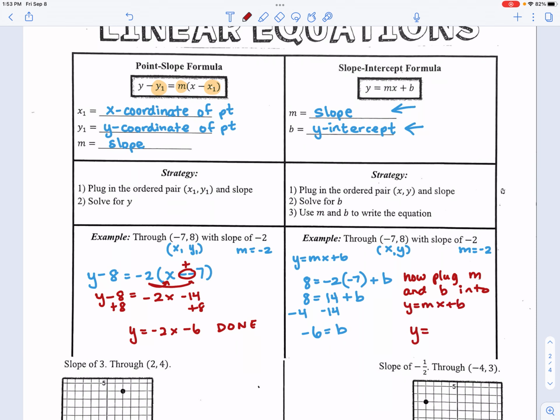So we have y equals, my slope is -2, so -2x, and my b is -6. Notice how it's exactly the same. It's just a little bit more work, because after you solve for b, you have to remember to go back and rewrite it in slope-intercept form.